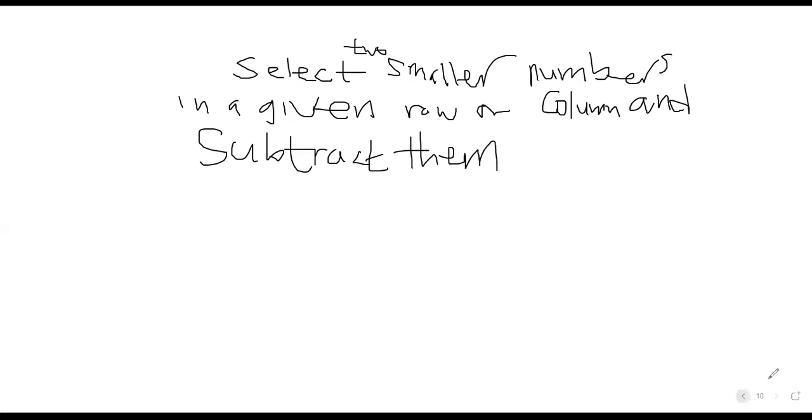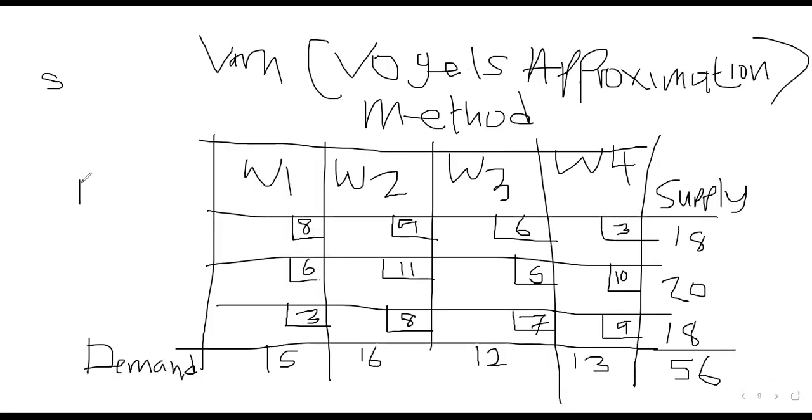Okay, so what you are simply saying here is that the penalty here will be 3. That is 6 minus 3. The penalty will be 1. 6 minus 5. The penalty will be 4, which is 7 minus 3. The penalty here will be 3.